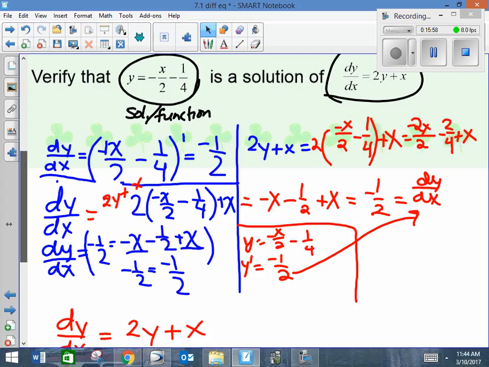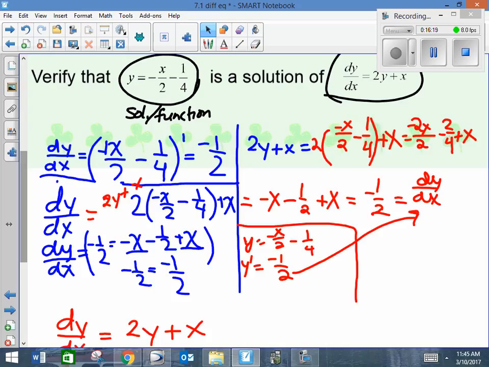Equals dy dx. Okay, bottom line here, people. Ladies, we need to be cognizant. We need to show that dy dx, here's Emma's dy dx, equals 2y plus x. There it is.